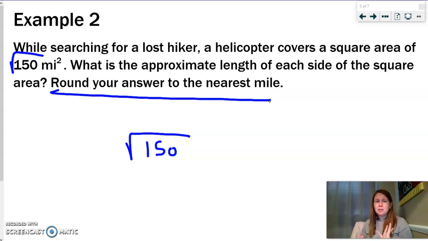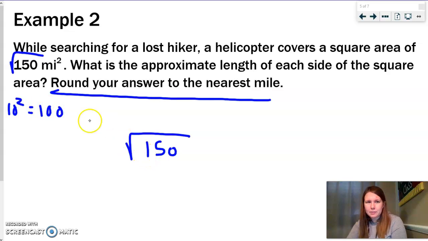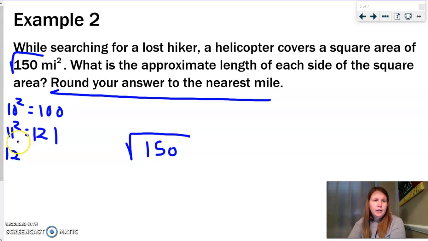So this one's a lot larger. I might start thinking about my squares at like 10. I know that 10 squared is 100, but that's not quite as big as I need. What about 11 squared? 11 squared is 121. 12 squared is 144.